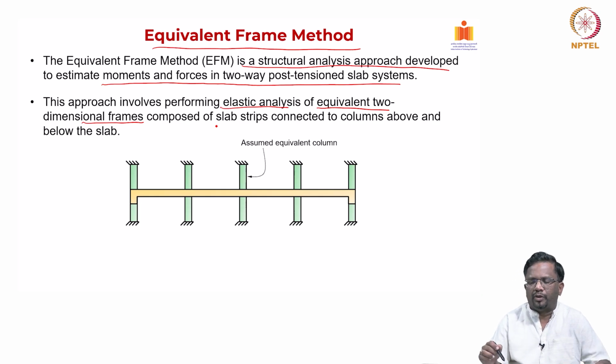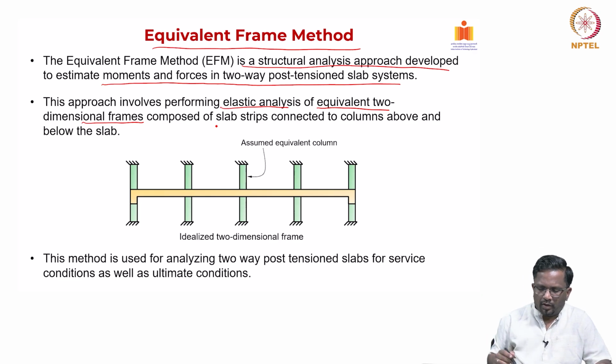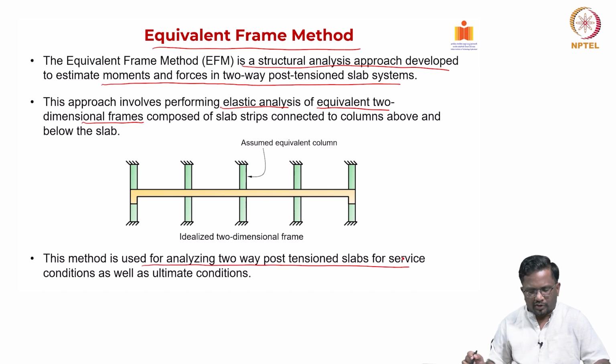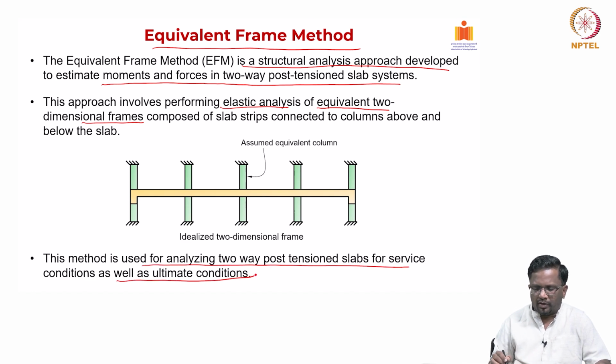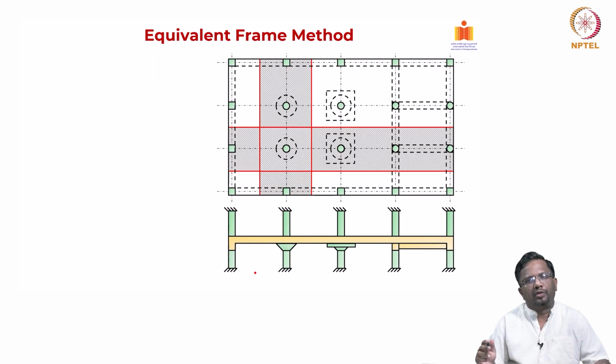So, we also include the columns above and below, and in addition, we will also include any transverse beams, if there are any, as part of the equivalent frame. Now, this method is used for analyzing the two-way post-tension slab for service conditions as well as for ultimate conditions, right. So, we can do both checks, for service condition as well as for ultimate condition.